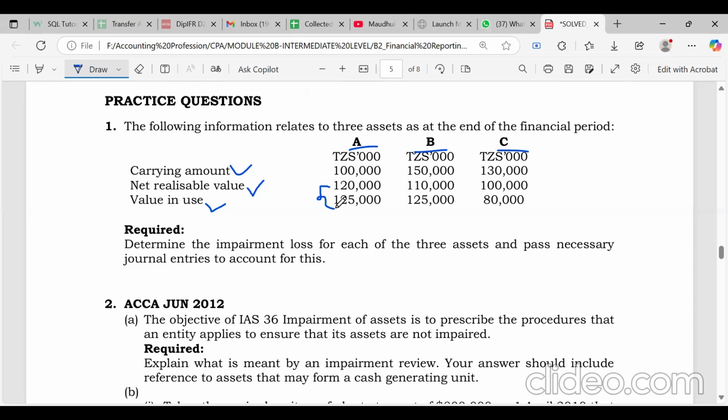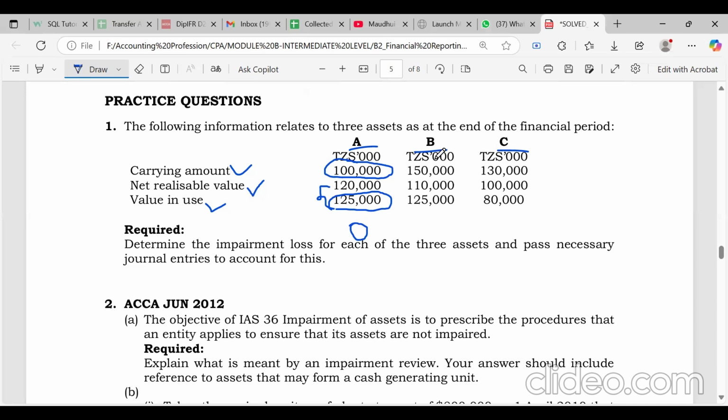I'll get 125, the value in use. Now, do we have impairment or not? You compare with the books, where you have 100. So impairment loss equals 0. There is nothing to do in the books because there is no impairment.